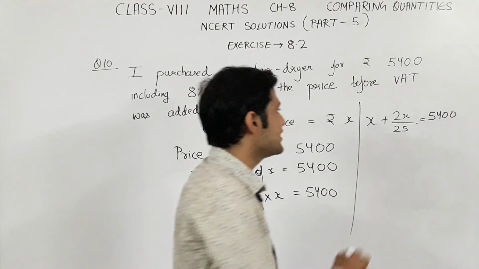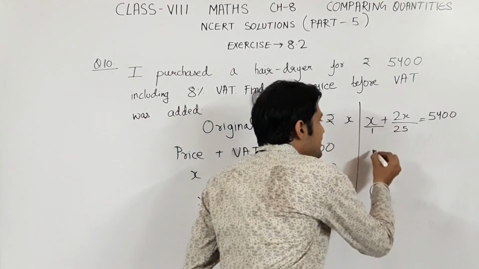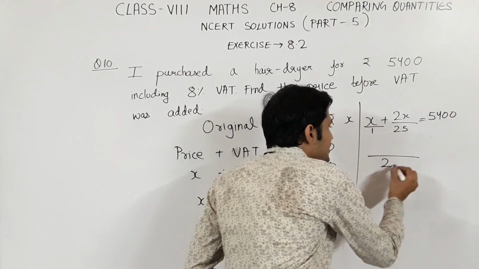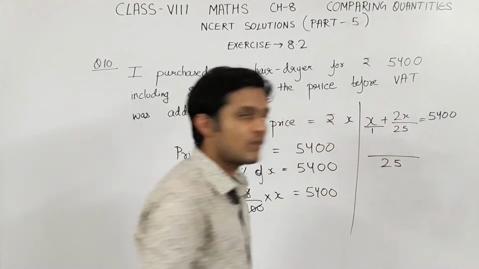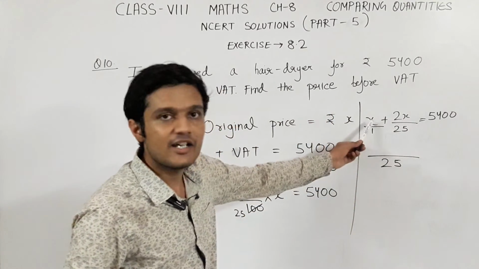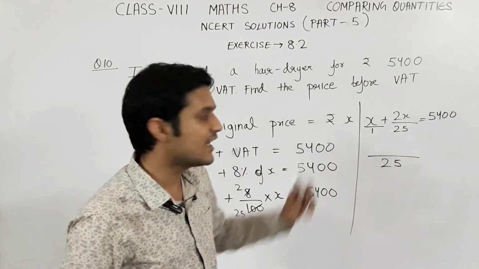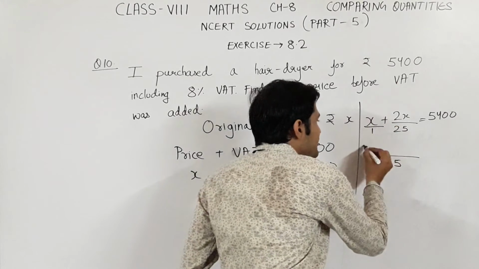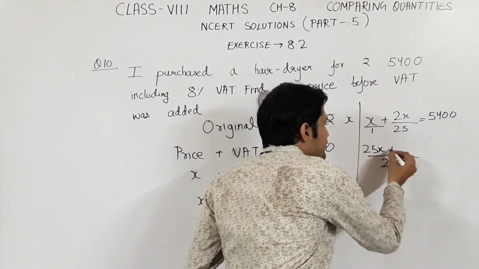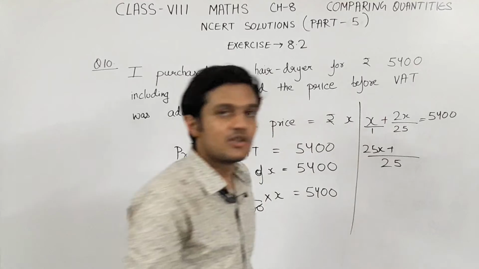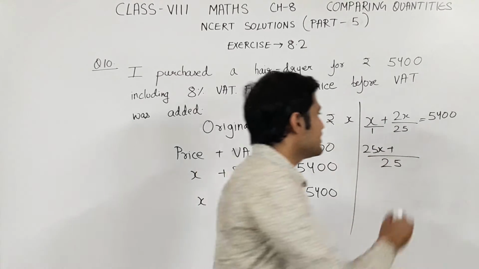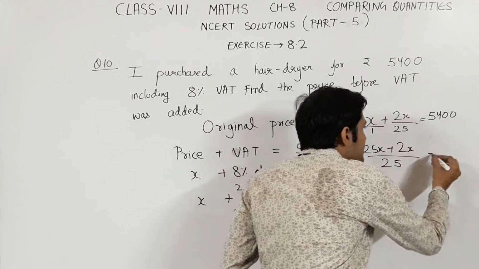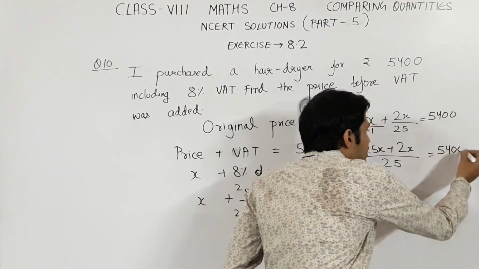So take LCM. Here the denominator is 1. So LCM will be 25. 25 will be multiplied with the numerator of this fraction, that is x. 25 into x gives 25x plus 2x will be written here equals to 5400.